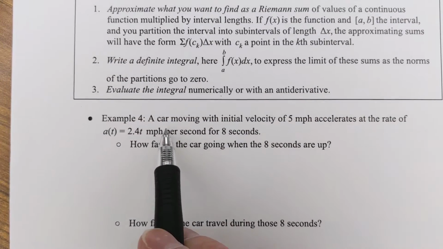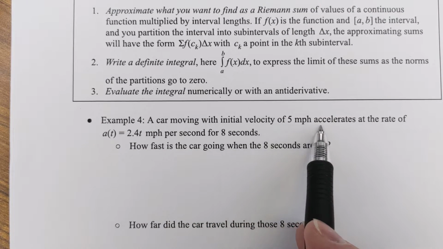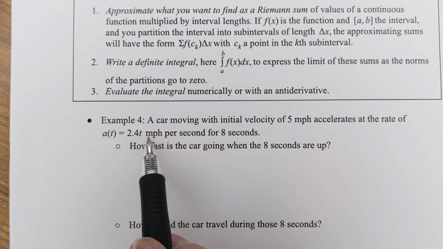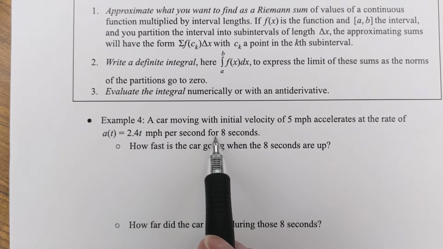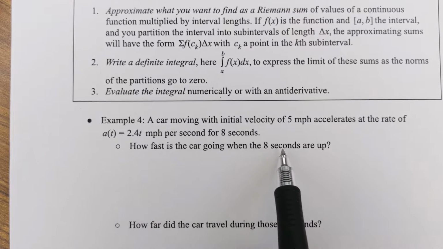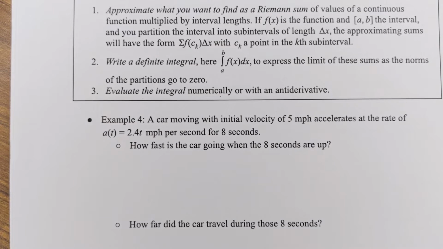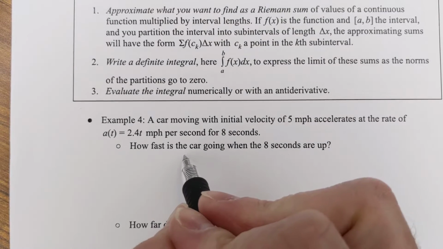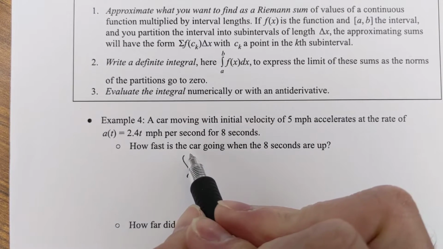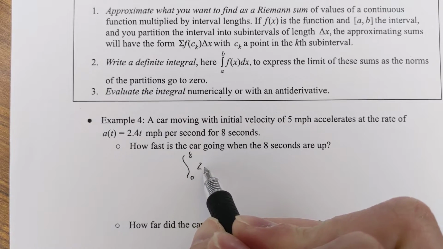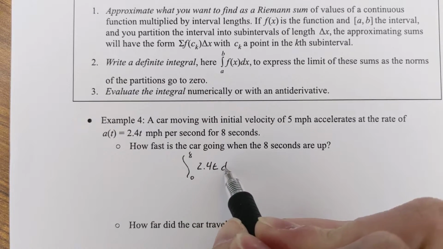Okay. A car moving with initial velocity of 5 accelerates at the rate of this many miles per hour per second for 8 seconds. How fast is the car going when the 8 seconds are up? So let's see here. Velocity is the antiderivative. So we can figure out how much the velocity changes in the first 8 seconds if we work this out.